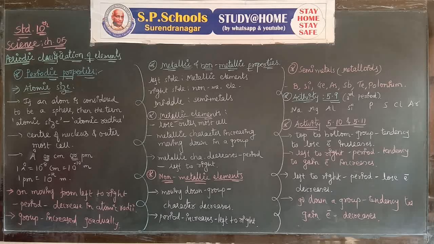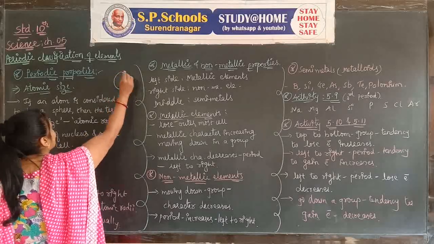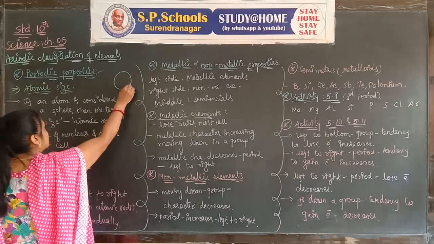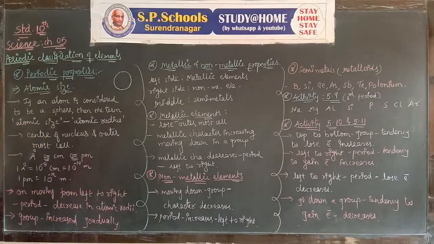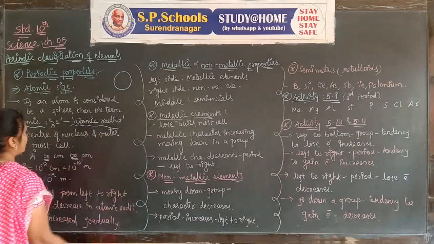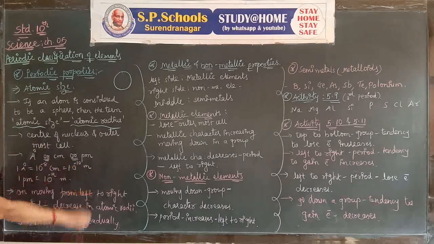If an atom is considered to be a sphere, a round shape, then the term atomic size is called atomic radius. How do we find the radius? Suppose the atom is a sphere, a round shape.